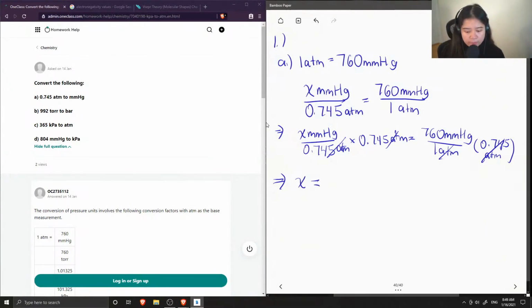So now when we solve for x, 760 multiplied by 0.745 gives 566.2 millimeters of mercury.